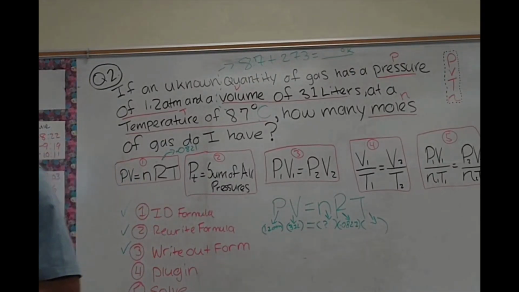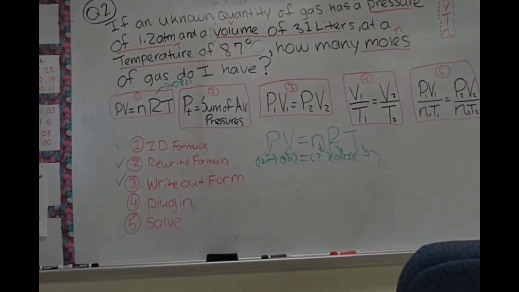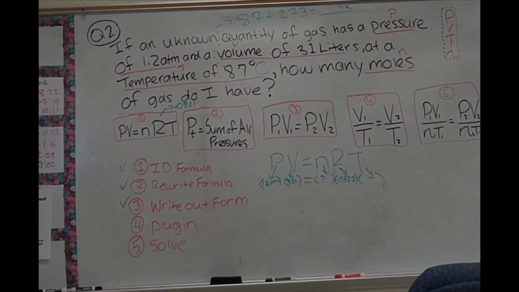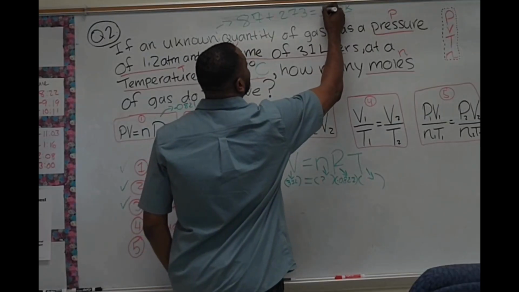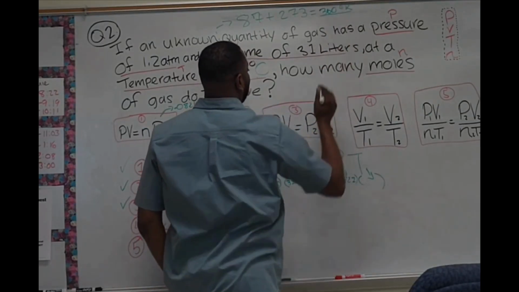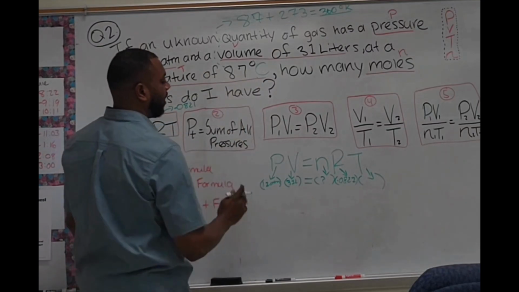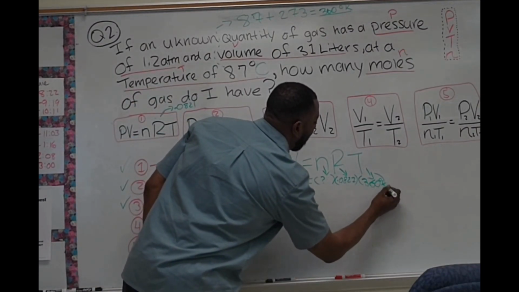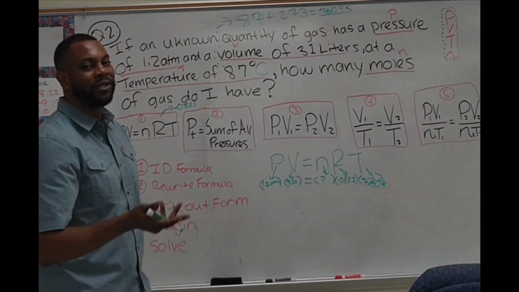I'm gonna pause the camera because I can't think like that. All right, 360. So then the temperature that I can use is 360 K, okay? 360. All right, now I can use that.